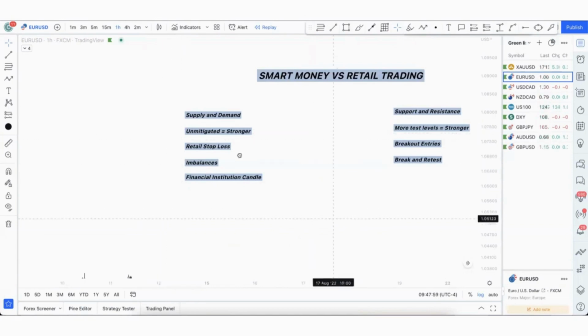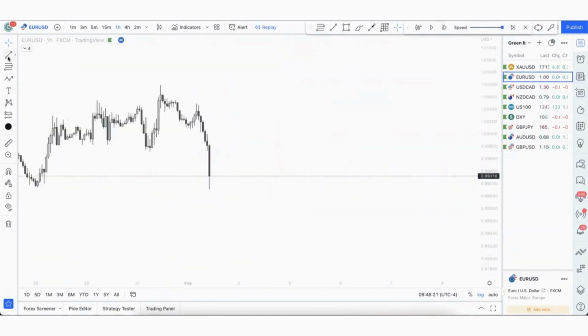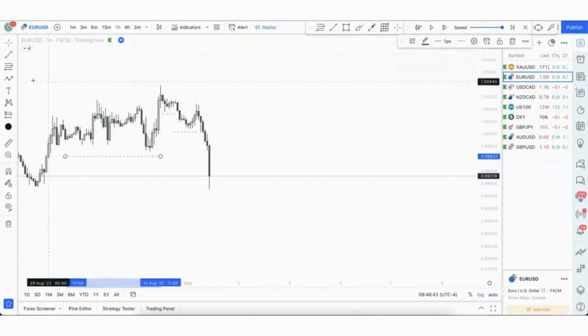For example, in Euro USD, since we are seeing a downtrend, this move right here has this push to the downside that breaks all this previous low.